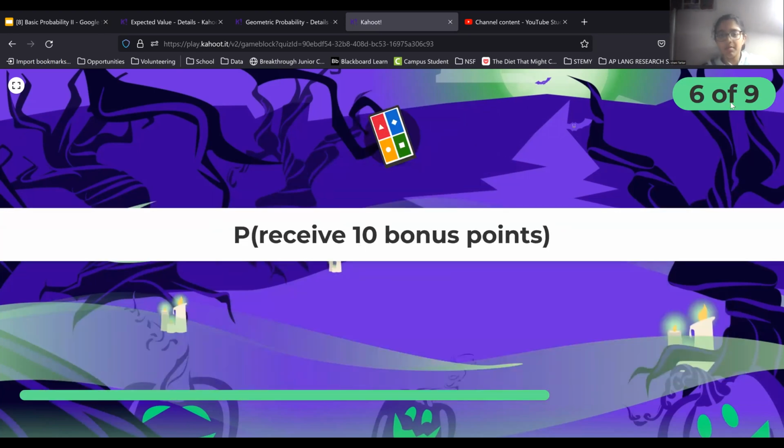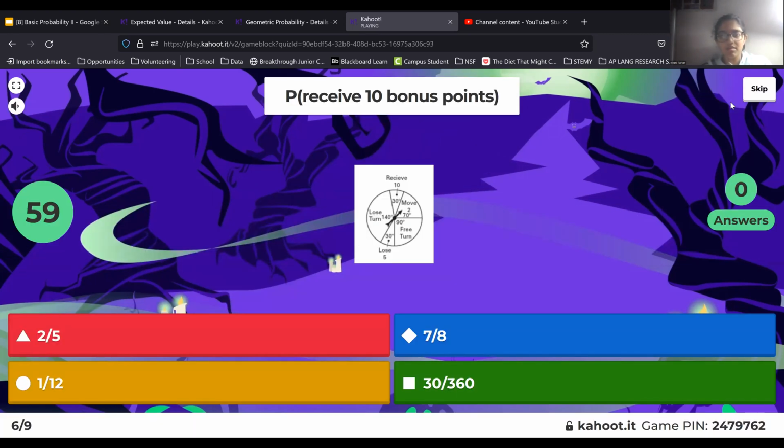Okay, what is the probability you receive 10 bonus points? That's the 30-degree sector there.